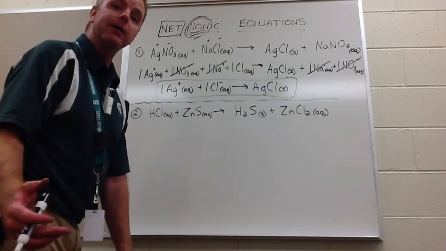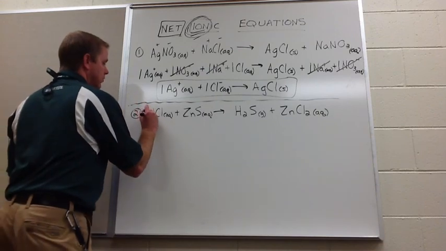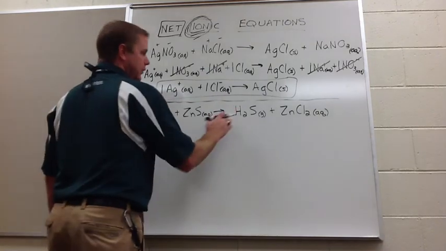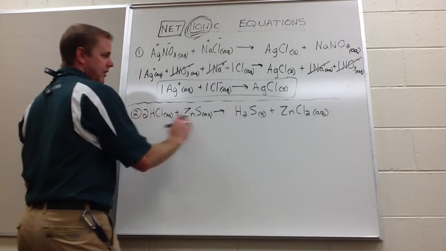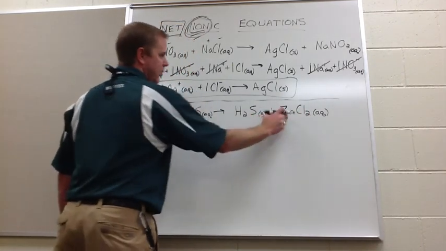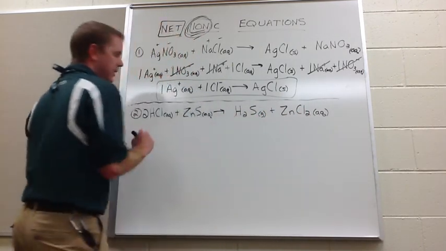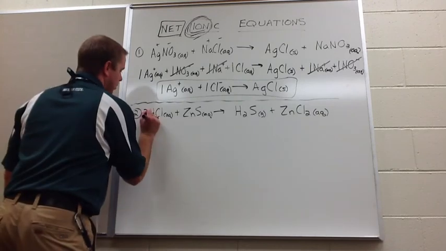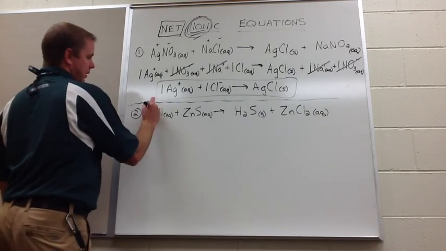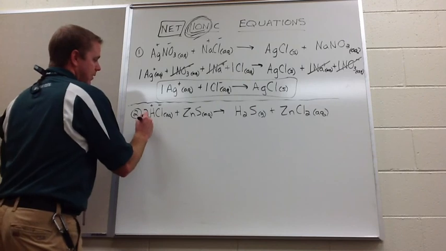I almost forgot to balance. We needed 2 right here to give me 2 hydrogens for those 2 hydrogens. That also gives you 2 Cl's for the 2 Cl's right there. 1 Zn, 1 Zn, 1 S, 1 S. That would have been a drastic mistake. So what ends up happening here is this HCl is going to break down, right? Plus and minus. And this distributes.